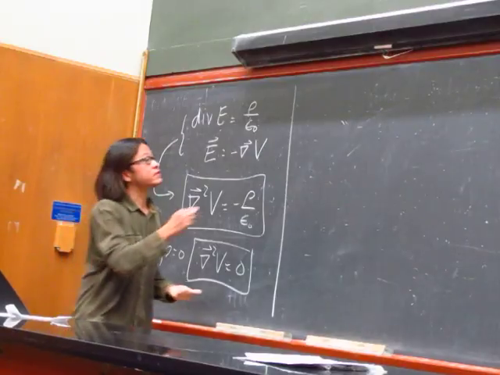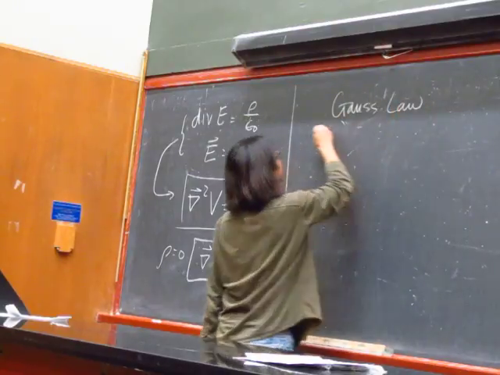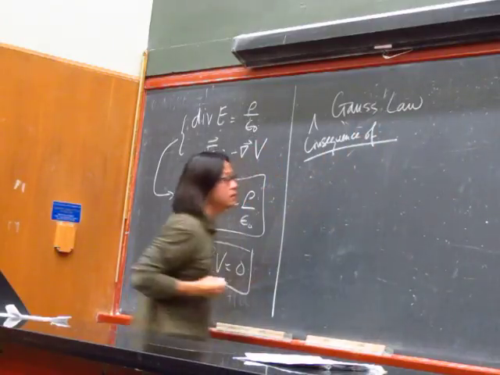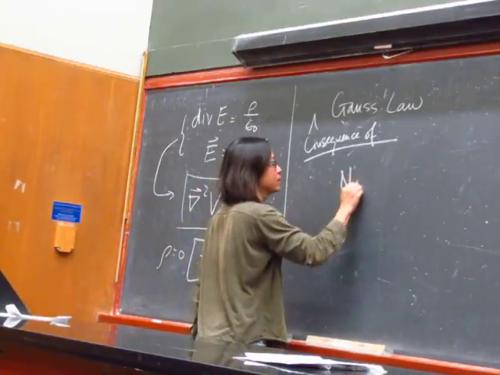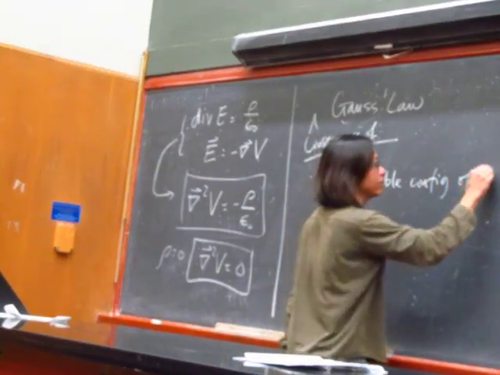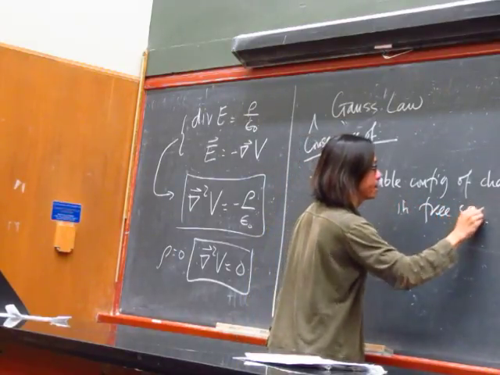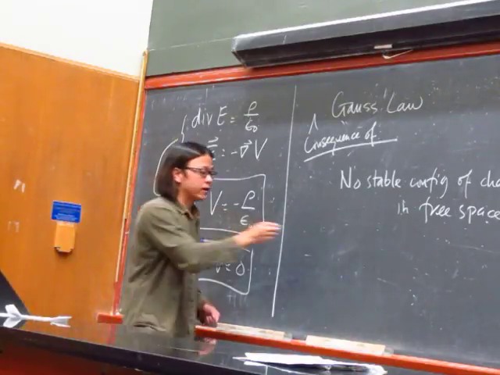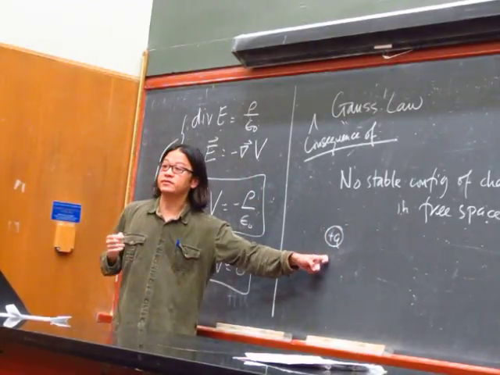In general, this is a consequence of Gauss law. You cannot have a stable configuration of charges in free space. Say, if I want to trap a particle Q, in general, it's not possible to use electrostatics.